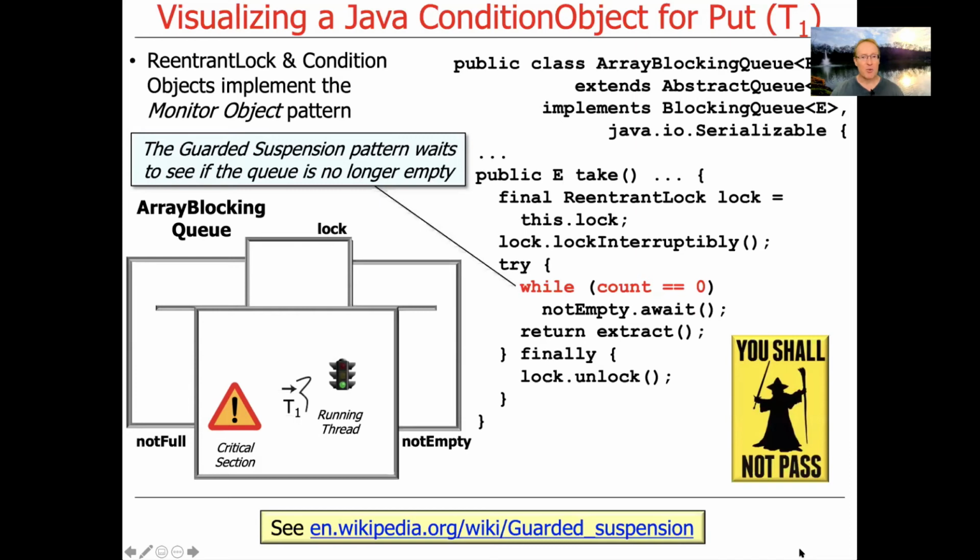At that point, it will then recheck the condition to see whether or not count is 0. Now, count could be 0 even though someone has been signaled. So even though thread T2 signaled thread T1 that it had put something in the queue, thread T3 might have come along before thread T1 was able to reawaken and reclaim that lock, and thread T3 could come zipping by, grab the lock, get the item, and go on its merry way.